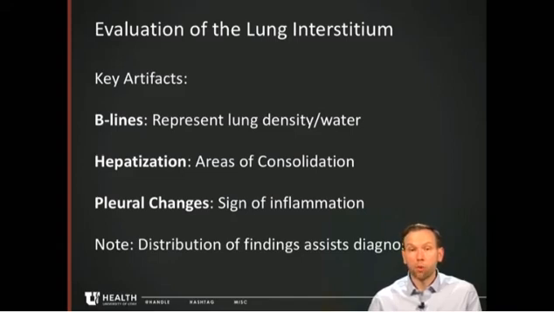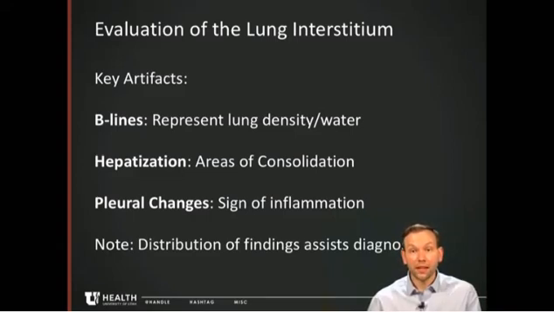And so when a portion of lung becomes completely filled with fluid and there's no air in that portion, it looks like the liver, and that's hepatization, and that's a finding consistent with consolidation or complete loss of air filling. You'll also see some pleural changes. The pleura that we looked at for the first few images, those were pretty smooth pleura, and we'll show you some examples of some pleural changes that can indicate that there's some lung inflammation and pathology happening.